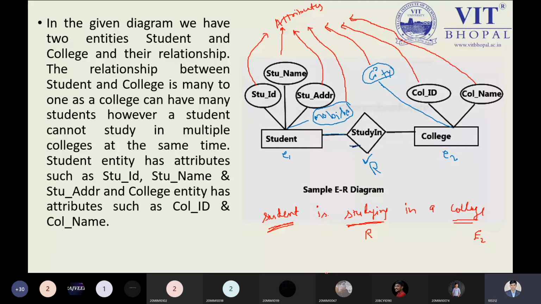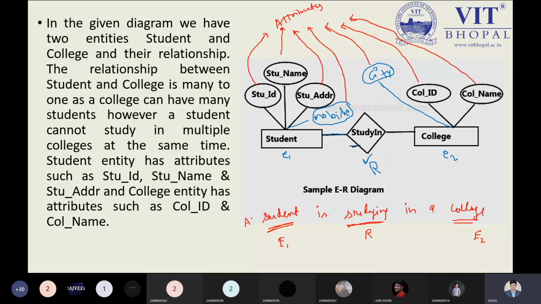The relationship can be one to many. If I'm writing a student is studying in a college, what is this? This is a one-to-one mapping. Focus on my one-to-one: one student is studying inside one college only. Do you have any right to study in multiple colleges?